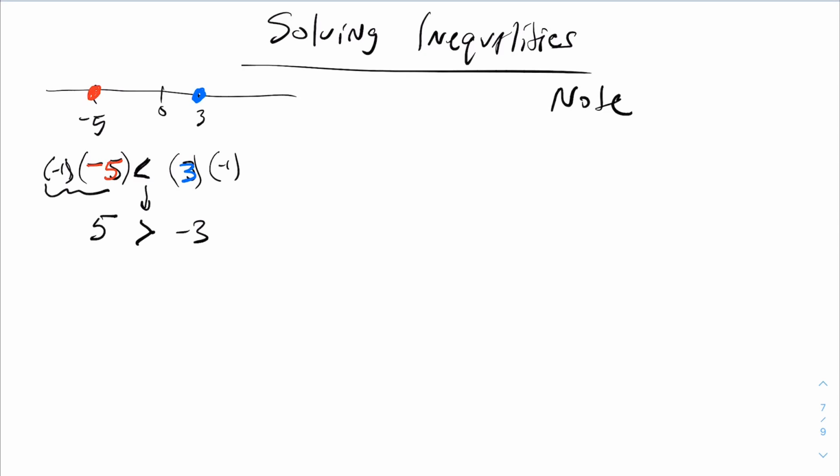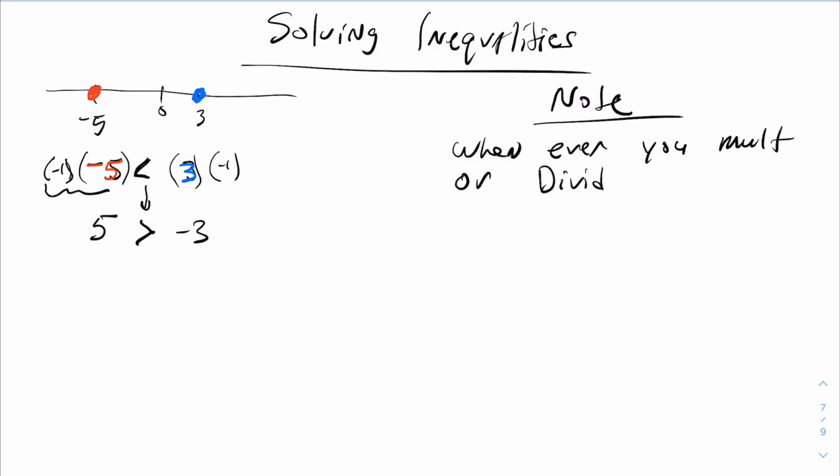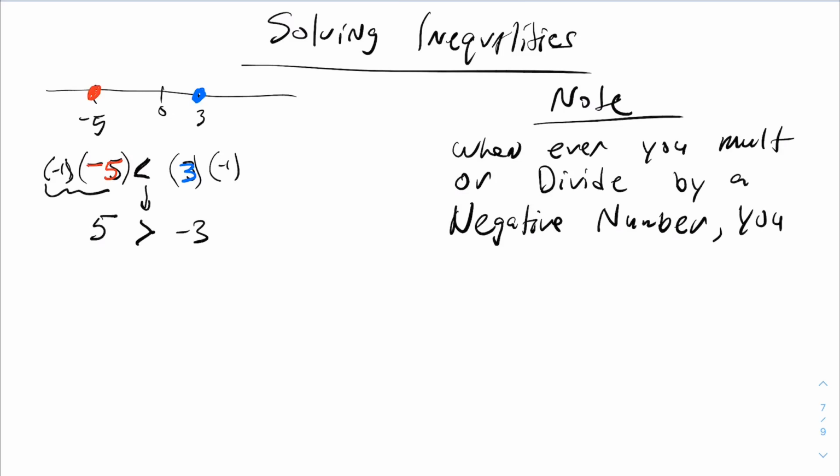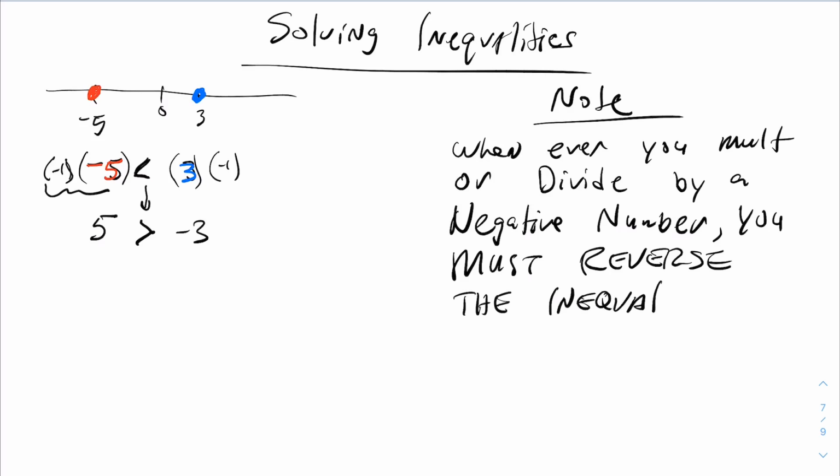Note: whenever you multiply or divide by a negative number, you must reverse the inequality. And that's a simple thing to forget. And if you forget it, the answer is definitely going to be wrong.